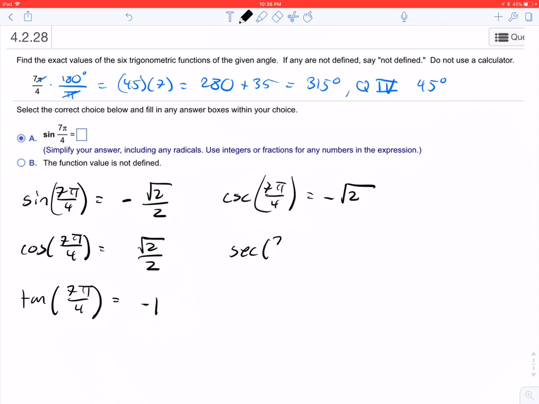Secant of 7 pi over 4 is just positive root 2. I'm just flipping the ones on the left. And then cotan 7 pi over 4 is negative 1.